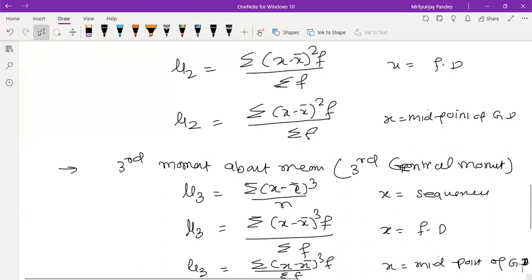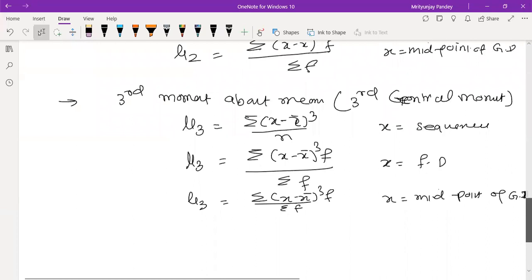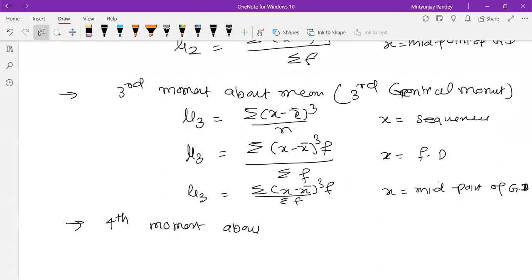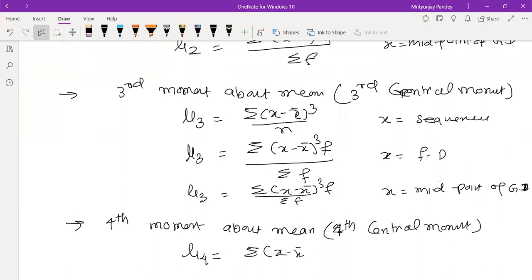Similarly, you can write mu4, the fourth moment about the mean, that is the fourth central moment. Notation is mu4, summation of (x minus x bar) whole raised to 4 divided by n.